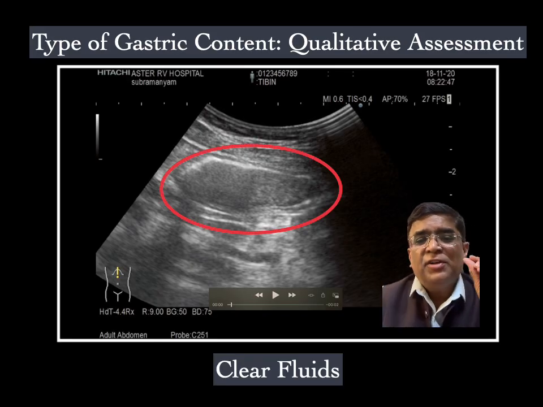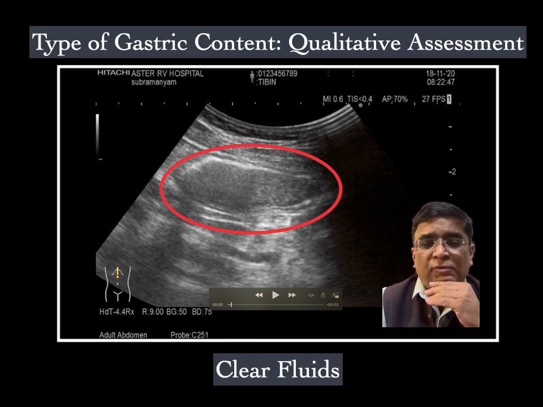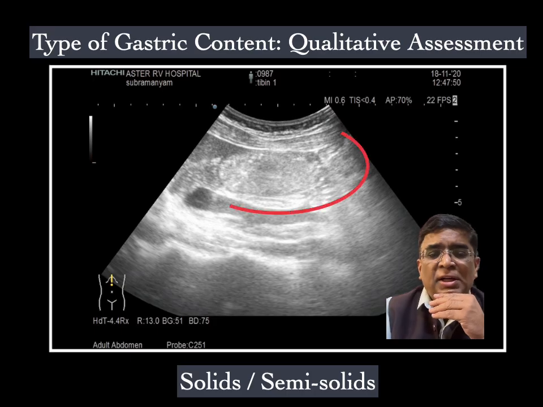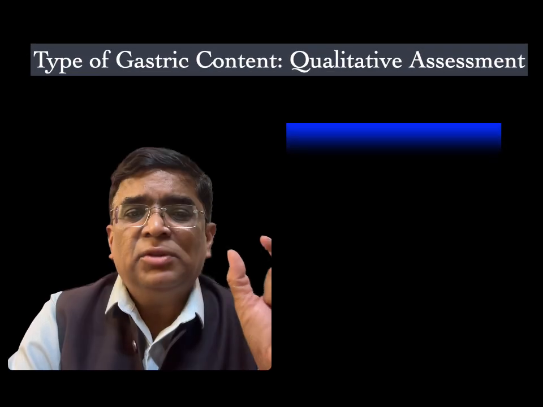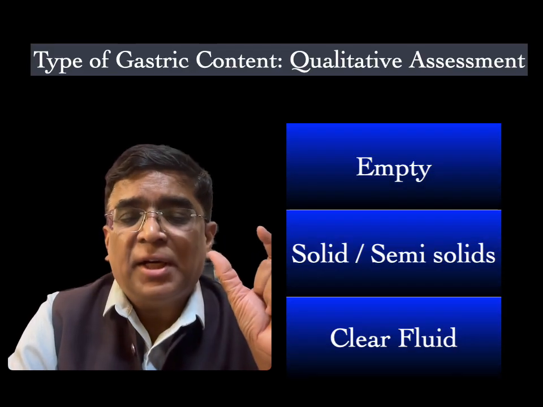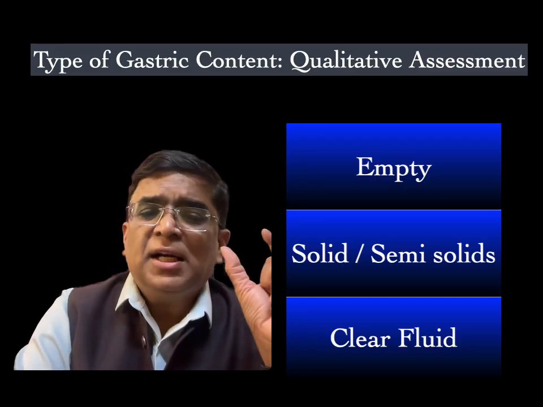This is the kind of picture you will get when the stomach contains liquids, especially clear fluids. If it contains solid or semi-solid, this is the kind of picture you will have. So qualitative assessment means you can have three kinds of picture: empty, filled with clear fluid, or filled with solids or semi-solids.